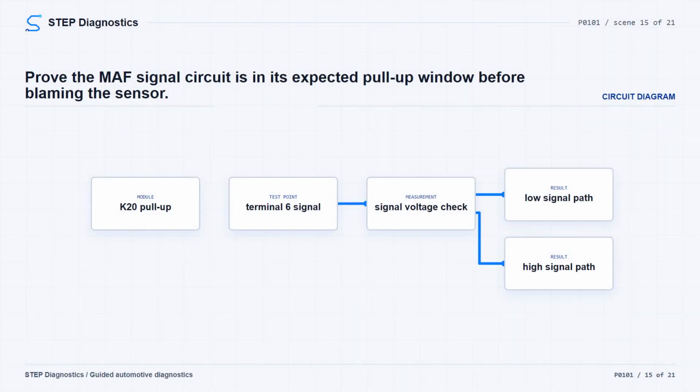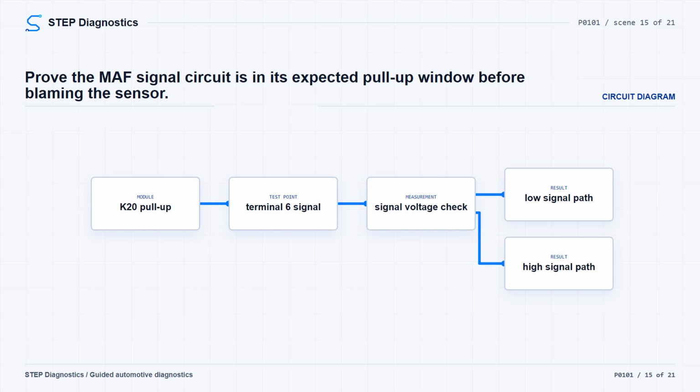Next, with ignition on and the vehicle in service mode, test signal circuit terminal 6 to ground. The expected voltage is 4.8 to 5.2 volts. If it is less than 4.8 volts, turn the vehicle off, disconnect the K20 engine control module, and check for infinite resistance between signal circuit terminal 6 at the component harness and ground.